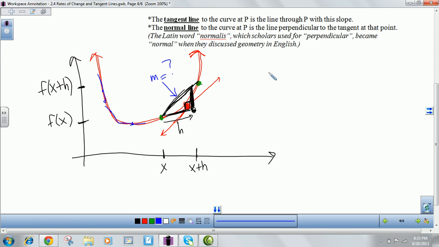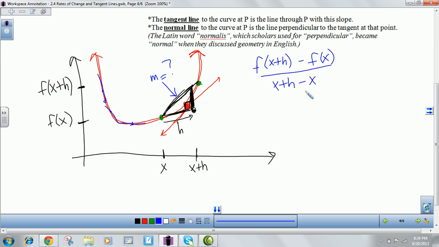Okay, so the slope of that secant line, remember, it's going to be y minus y, so f of x plus h minus f of x all over x minus x. So it's going to be x plus h minus x.